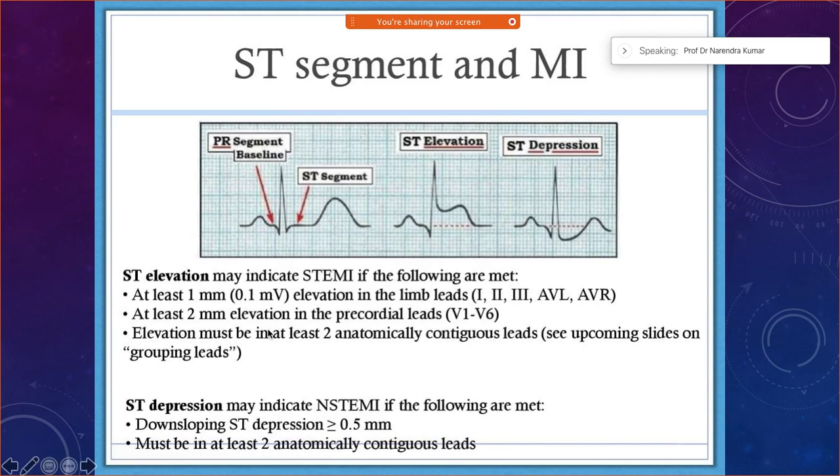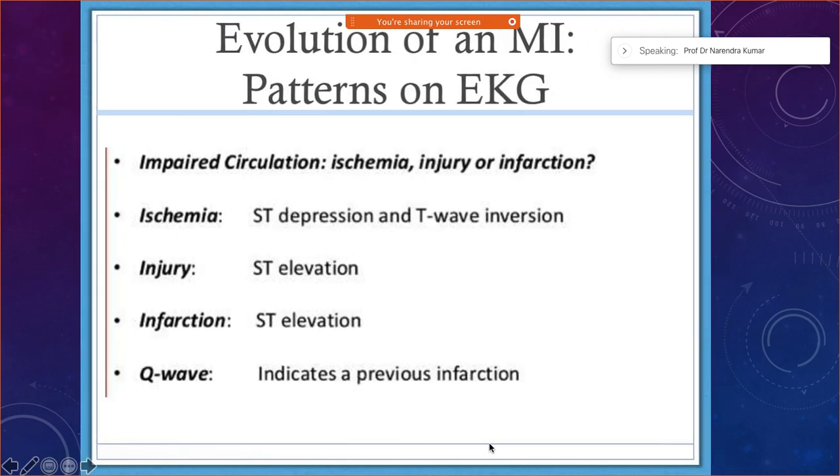Over there, for example, we could recall that even 0.1 millimeter was good enough. But here, to call it non-ST elevation MI, at least 0.5 mm is very important. And similarly, it must be present in at least two anatomically contiguous leads for sure.